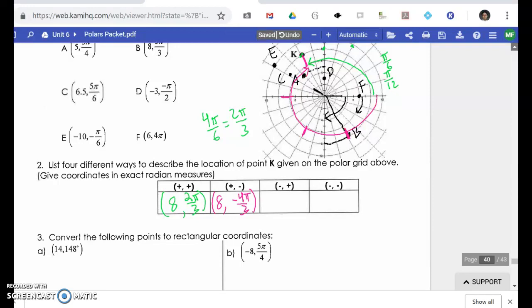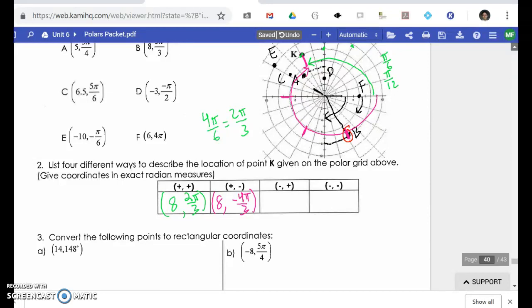Where people start to run into trouble is when we have these negative radiuses. And so the easiest way I can think to describe it is that here's where K is. Let's find out where K would be if we found 180 degrees away from it. And that would be the point way over here, and that actually looks like it's the same as point B. So this point right here.